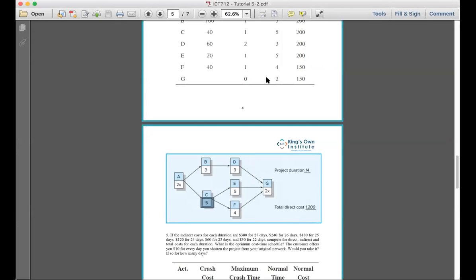So why are we reducing $50 in the indirect cost? Is it just because the question says so? Yes, because the question told you we can reduce by $50. Remember, you're adding the cost every single time.